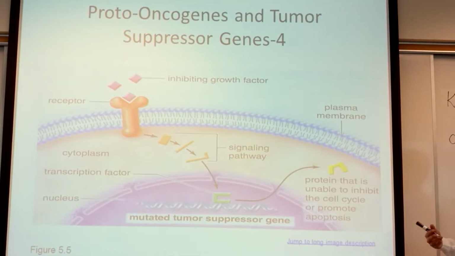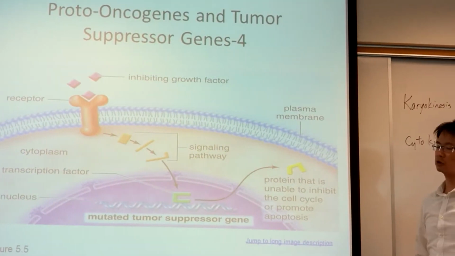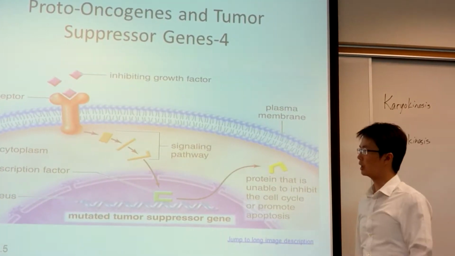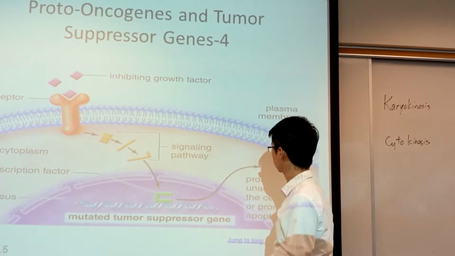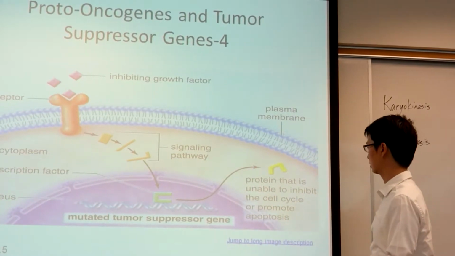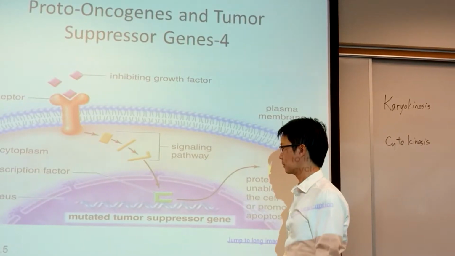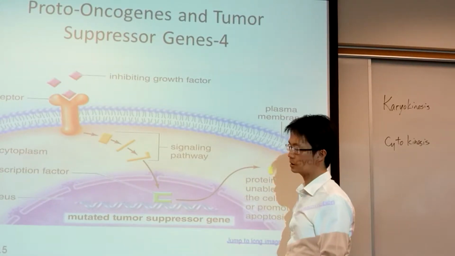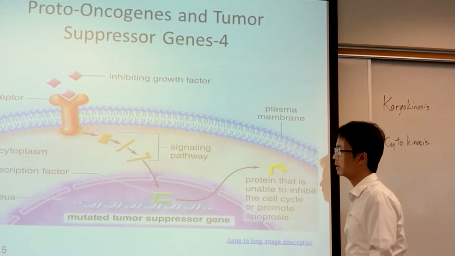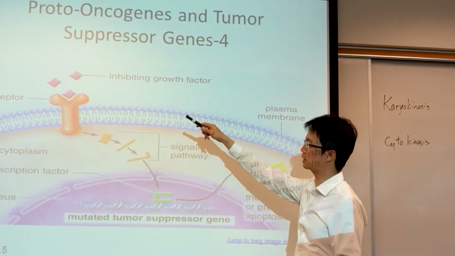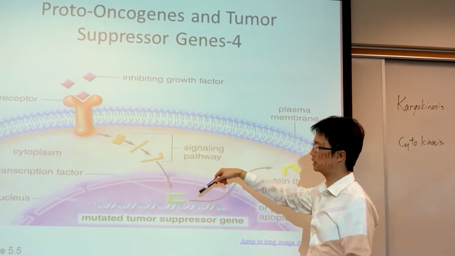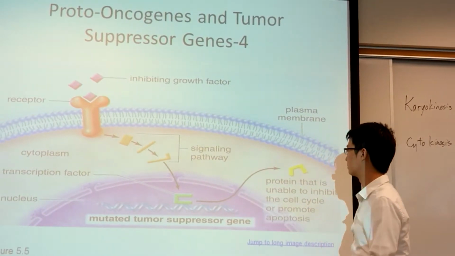Another way to suppress the tumor gene is that the tumor suppressor gene is mutated. So what happens is that you also have the growth factor, and then you have the signaling pathway, and then you have the transcription factor.